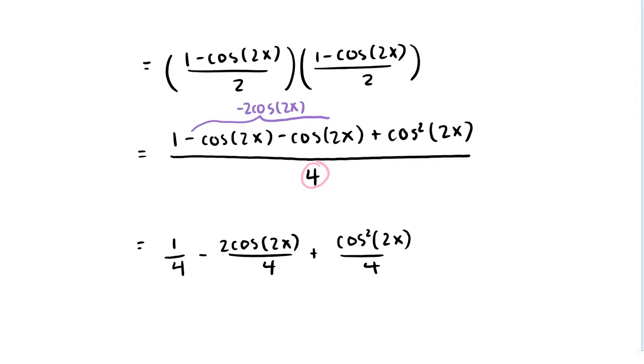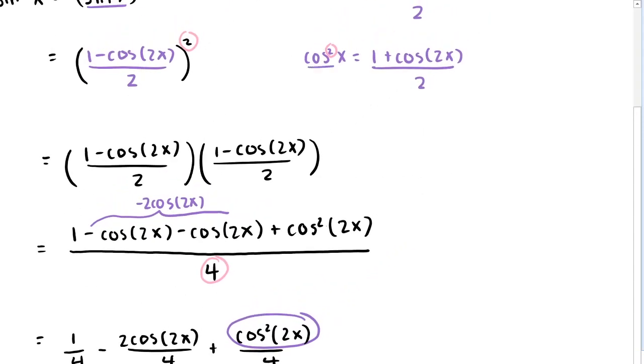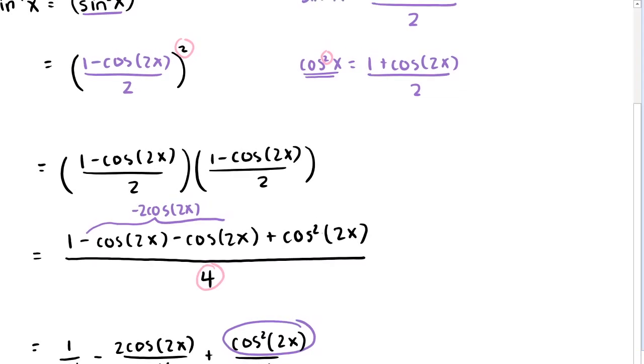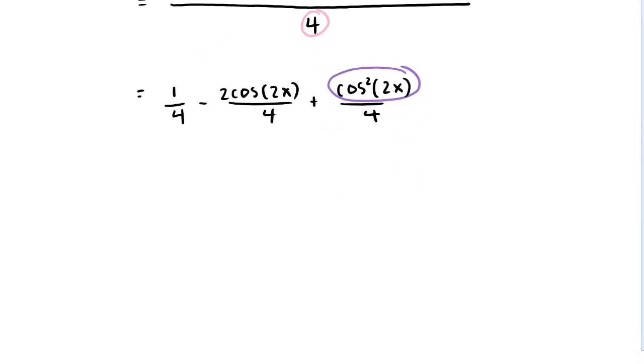And right, so here, let's apply our power reduction identity. Our power reduction identity says, if we have cosine squared of some angle, we can write that as 1 plus cosine of twice that angle all over 2. And so this expression can be rewritten as, well, we still have that 1/4.